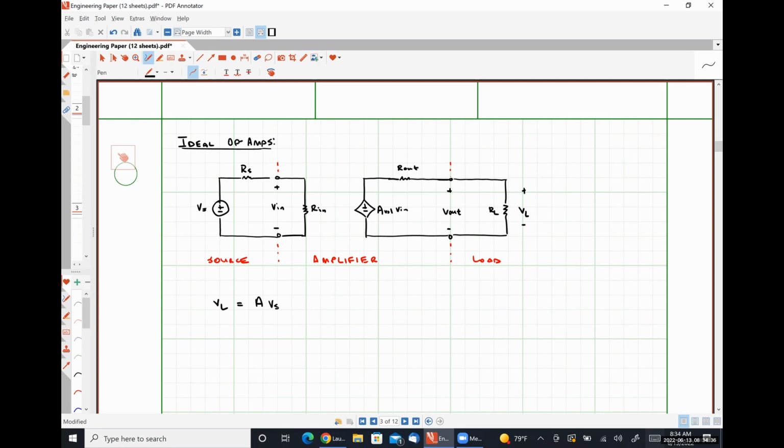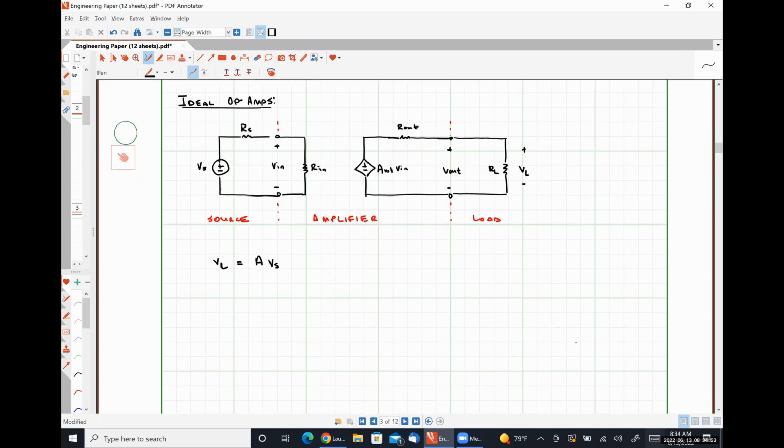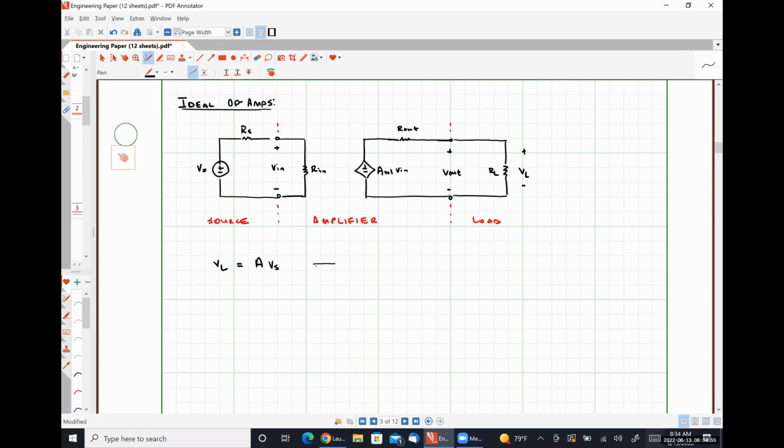For that to be true, we would need Rin to be infinity, because if Rs isn't carrying any current, then all of the voltage Vs appears at the input terminals of the op amp. So our first idealized parameter is to say that Rin is infinitely large.